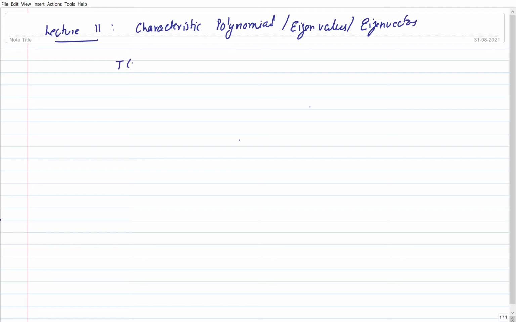So we define the eigenvector to be of this form: T applied to V gives me the eigenvector back with a scalar.